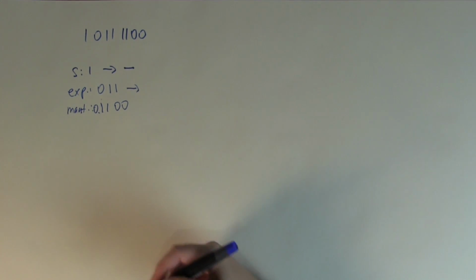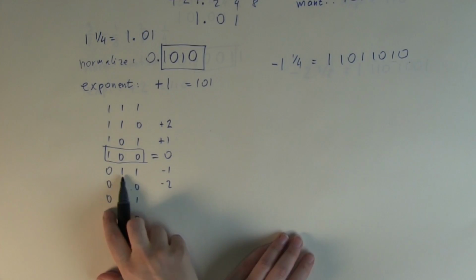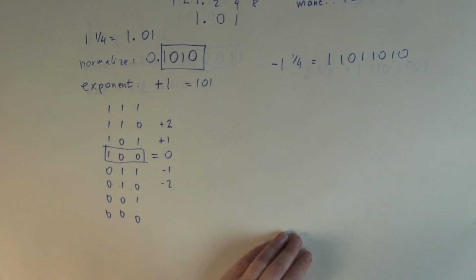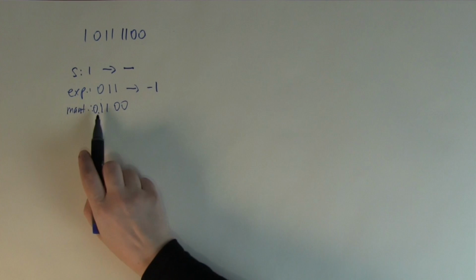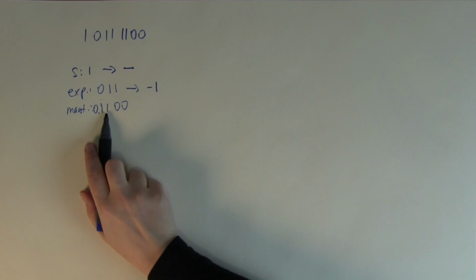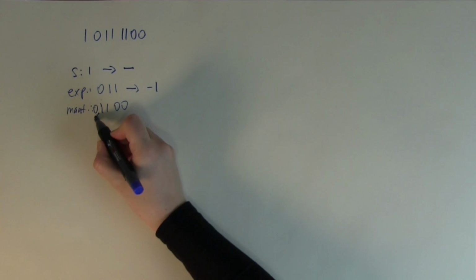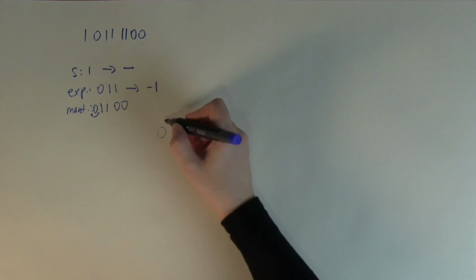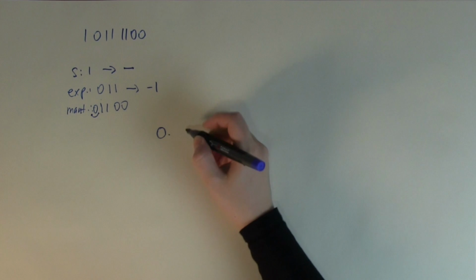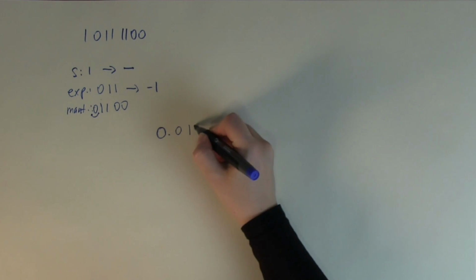So let's check on the exponent. 0 1 1 is negative 1 again. So when I look at this number, in this case I only need to move it 1 place to the negative direction. So the original number is 0 radix point 0 1 1.